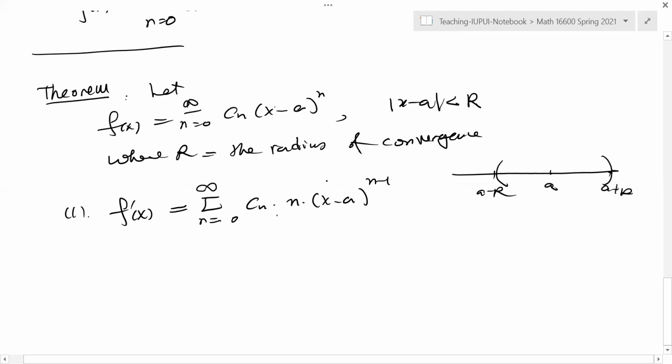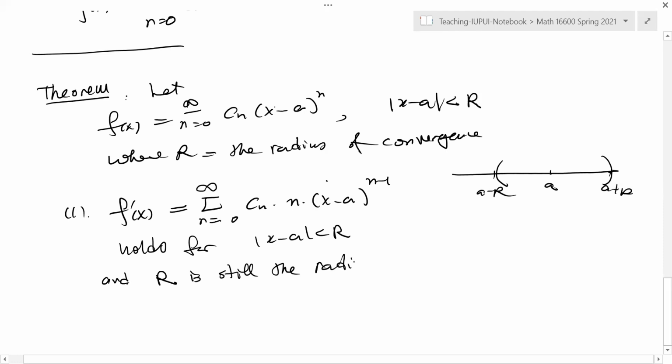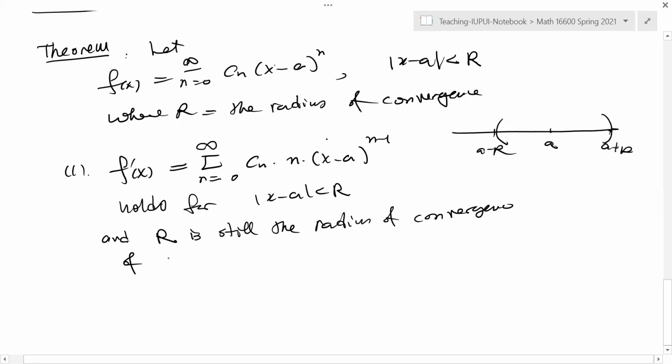At the same time, here's the point: this power series on the right-hand side still has radius of convergence R. So this holds for x in this interval, and R is still the radius of convergence of the new series on the right-hand side.